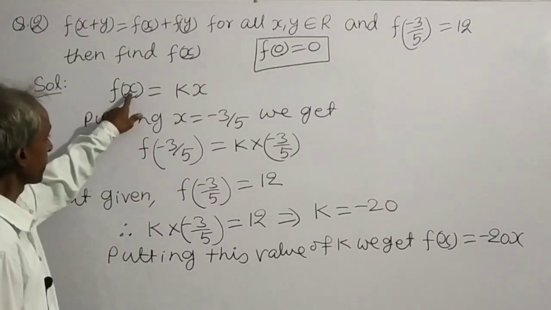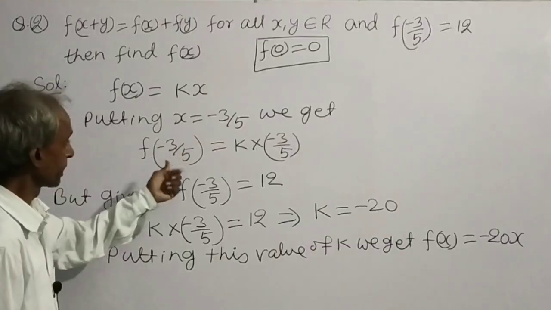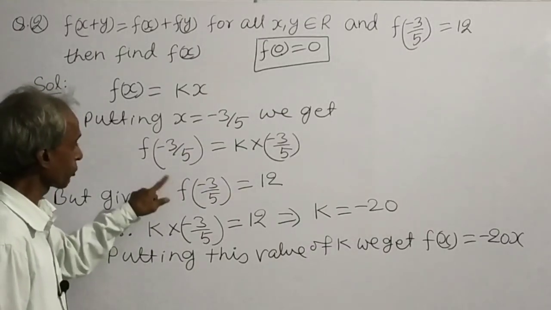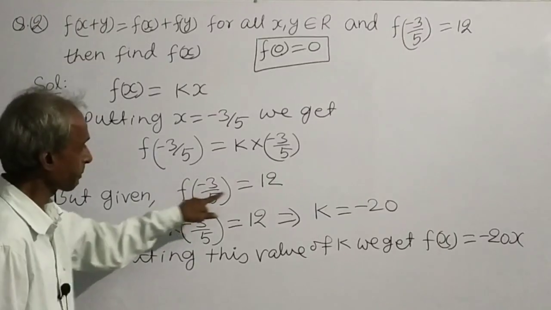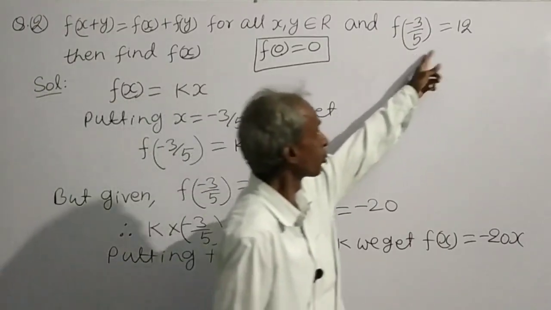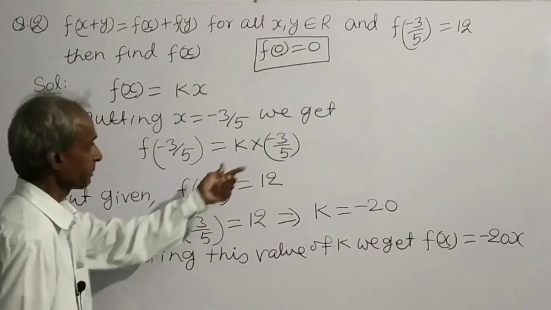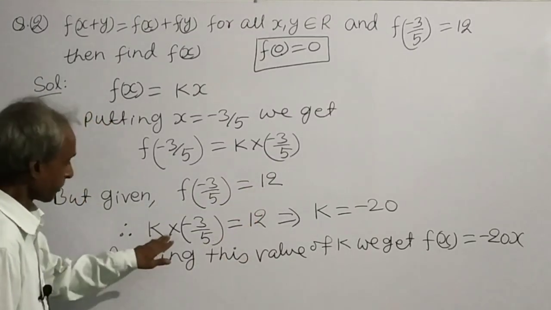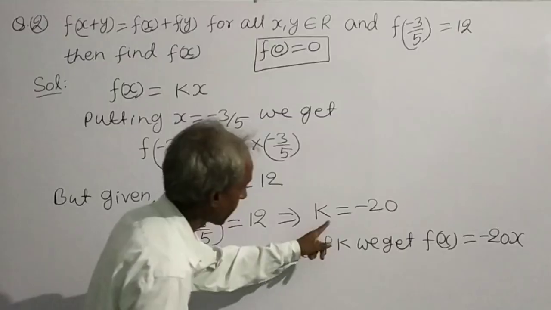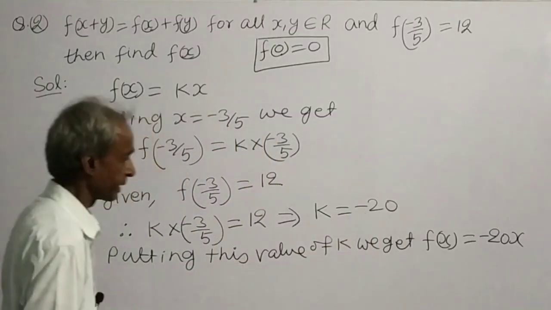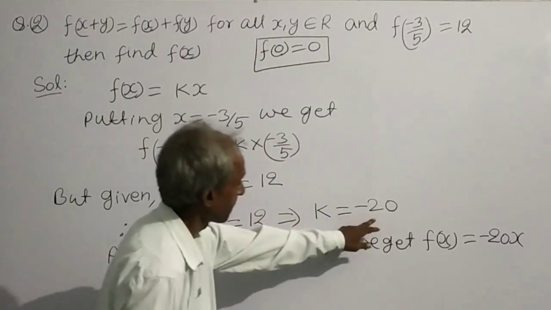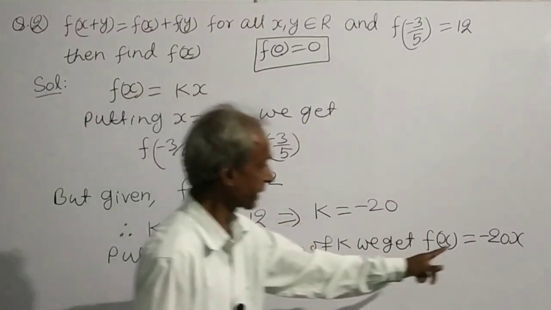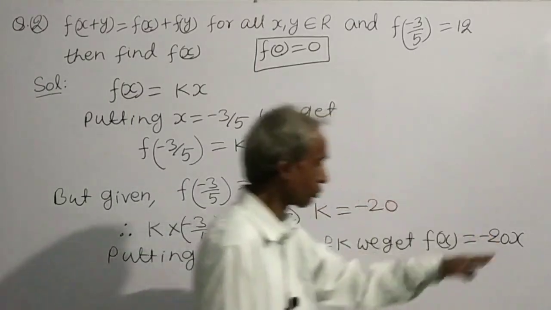Putting -3/5 in place of x, we get this. But it is given in the question that f(-3/5) is equal to 12. That means this will be equal to this. From this we get k is equal to -20. When we put this value of k here, we get f(x) is equal to -20x.